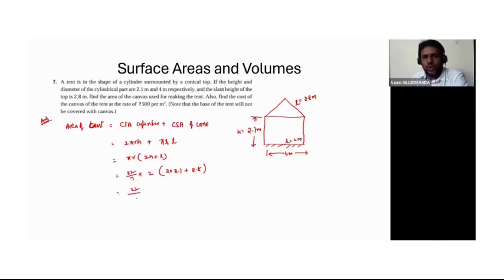So 22 by 7 into 2 into this total 7. So this 7 gets cut. 22 into 2 is 44 meters square. So this is the area of the tent. So this 44 is nothing but the area of canvas required.